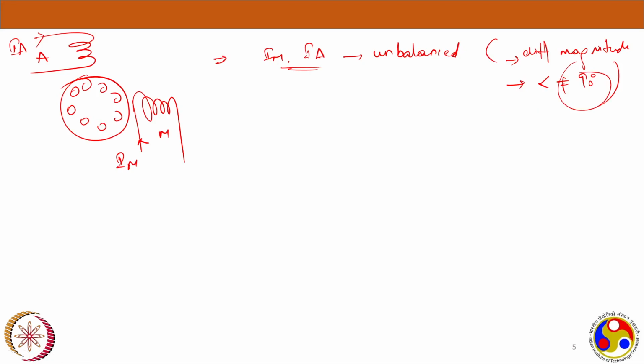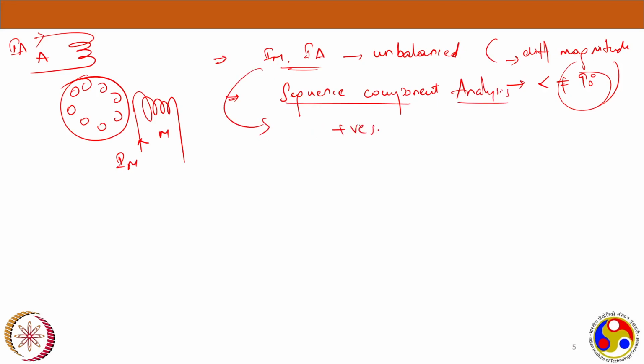Now I'm going to sequence components analysis. Since it's a two-phase system, I will have negative sequence and positive sequence components. I am splitting these unbalanced components into positive and negative sequence, which will in turn be balanced.